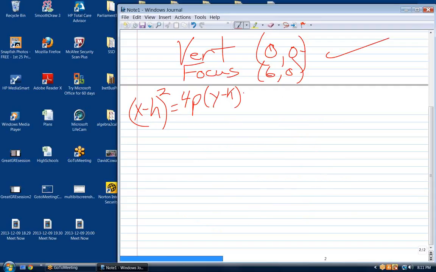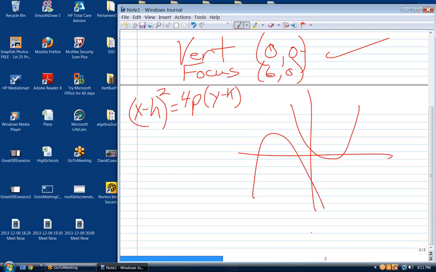There's two different formats. This format here is for vertical parabolas like this or like this. The x term is squared, the y term is not. That's how you get vertical parabolas.